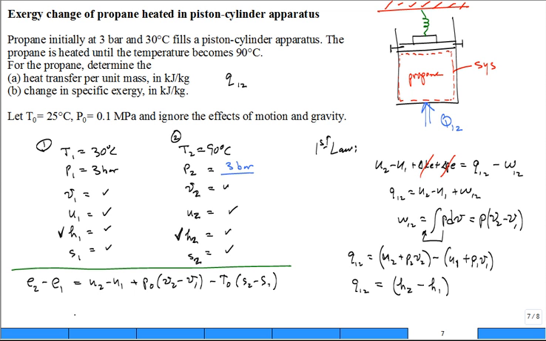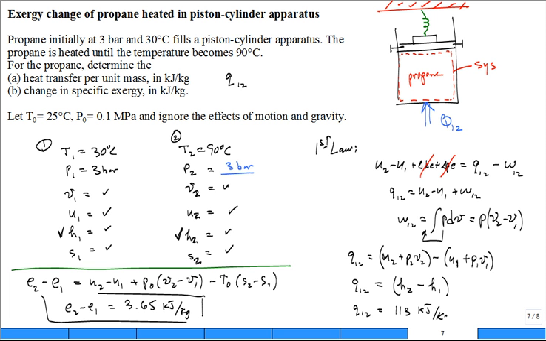And if you would like the answer for this problem, I have that the e2 minus e1 is about 3.65 kilojoules per kilogram. And Q1 to 2 is 113 kilojoules per kilogram. Any comments or questions about that?